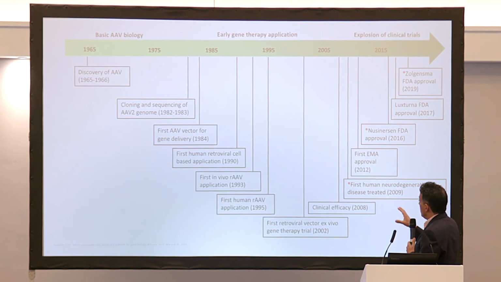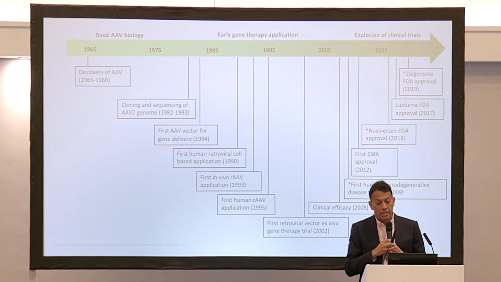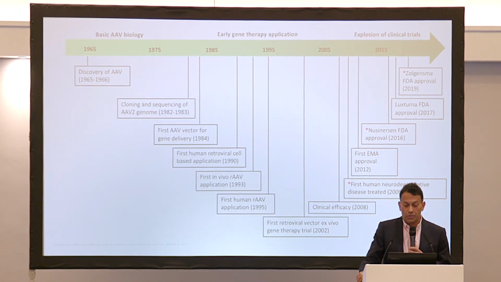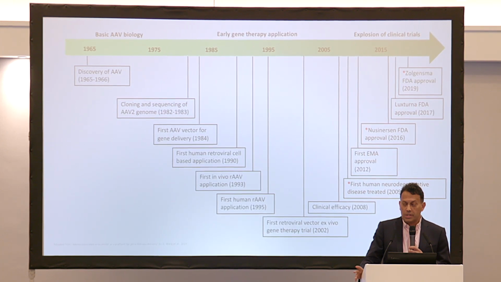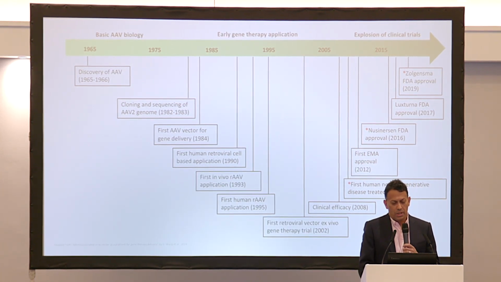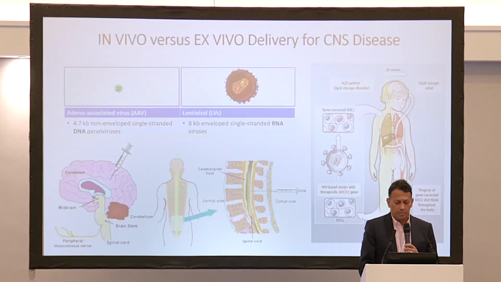In the past 10 to 20 years, there has been a revolution of insights and human trials. The first human neurodegenerative diseases were treated, not just childhood cerebral ALD, but also spinal muscular atrophy with an AAV-based approach, and then retinal diseases, with various treatments approved by FDA and EMA.